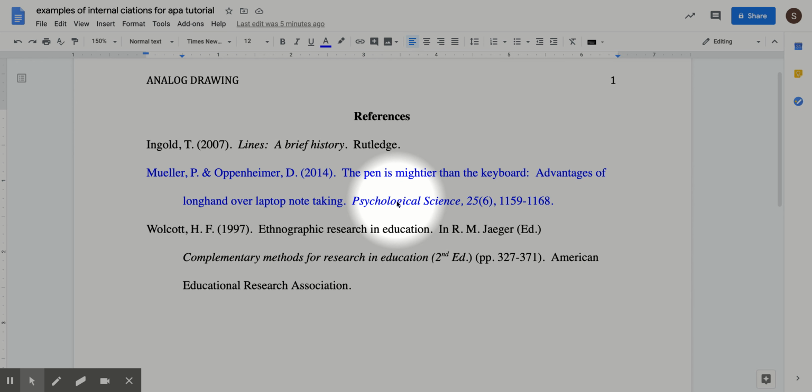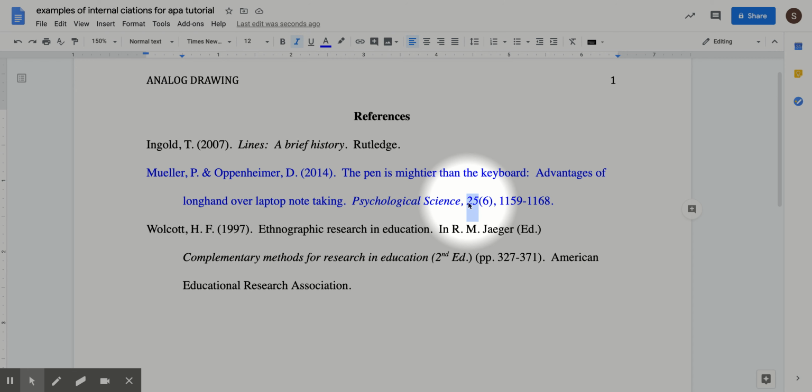Okay, now the other piece here is that journals are published more than once a year. So here you have volume and issue. You are not going to put the words volume or issue, right? You don't need them. Okay, but you will notice that the volume is also italicized.